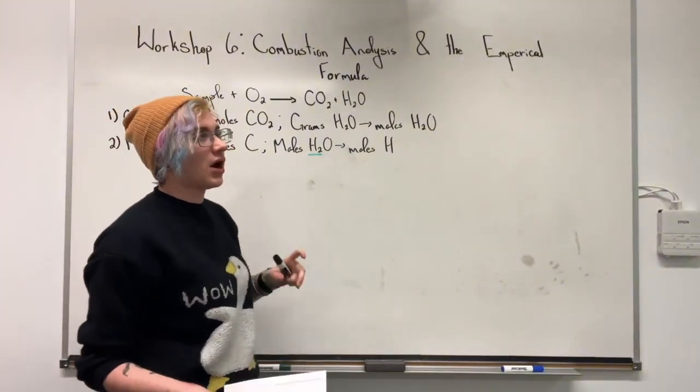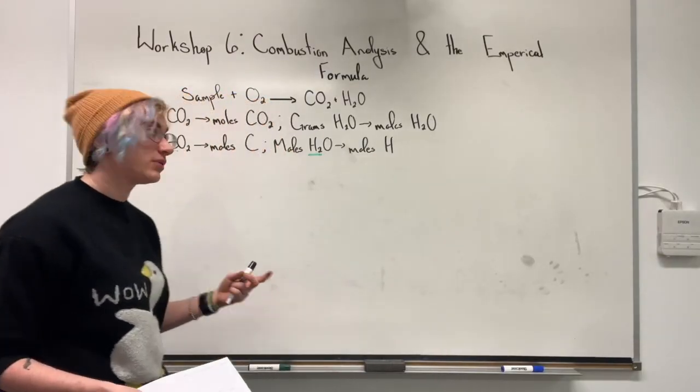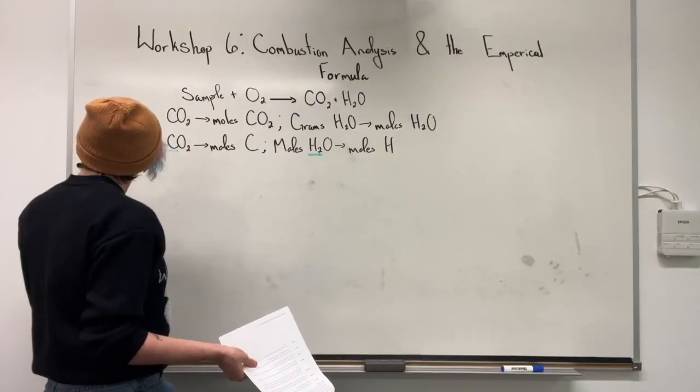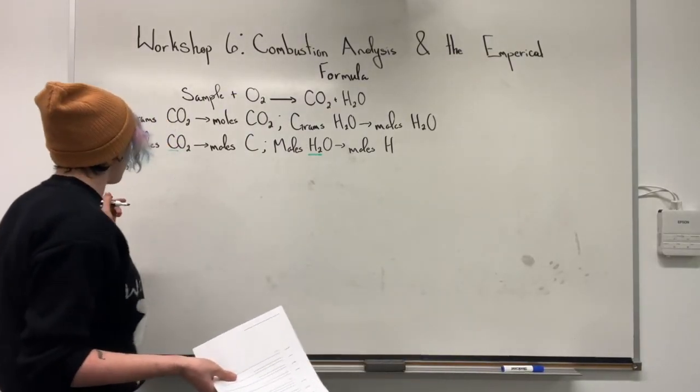But a lot of compounds are not going to be just carbon and hydrogen. You're often going to have a third, maybe a fourth element added in there as well. And that is where going back to our mass of everything is going to be very important.